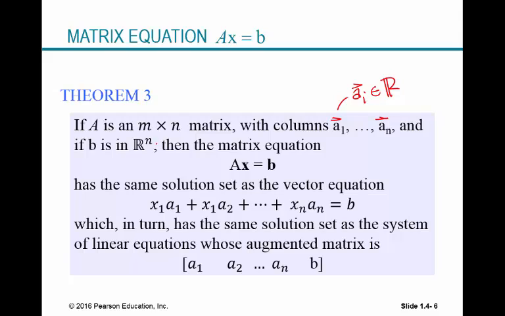And this is an m by n matrix, so each vector here has m components. And there are n of them. So if A is an m by n matrix with columns A1 through An, and B is another vector in Rn, then the matrix equation has the same solution set as this system of linear equations, or the vector equation that we've been talking about.